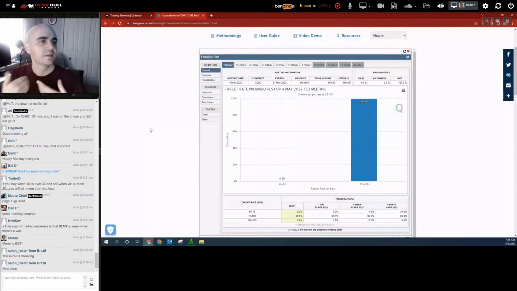But basically, for this meeting, we are looking at pretty much a guarantee of a 50 basis point rate hike. If the market gets anything out of the ordinary, whether it be lower or higher, that has not necessarily been priced in by the market.